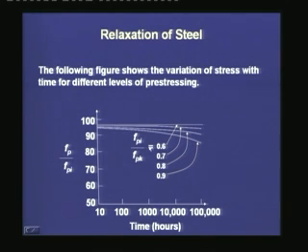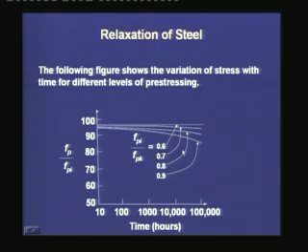What we observe is that if the initial pre-stress is about 60% of the characteristic strength, then the change in the pre-stress is almost imperceptible. That means the relaxation loss is insignificant.